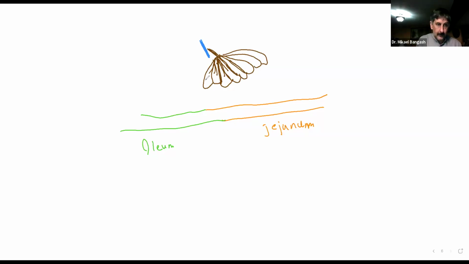But then comes the real vasa recta, which are going to be these fellows here, running off the arcs. The loops are made by these arteries meeting end to end. So these are what we call the vasa recta, and you see these were straight blood vessels. And in the jejunum, these vasa recta are going to be long.